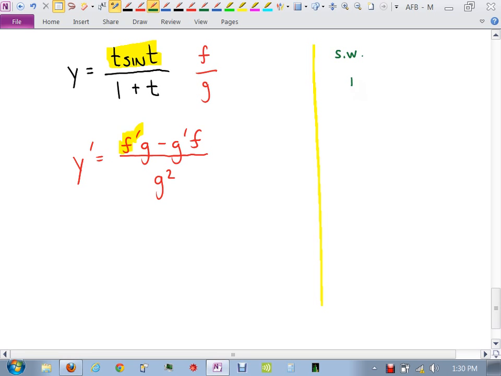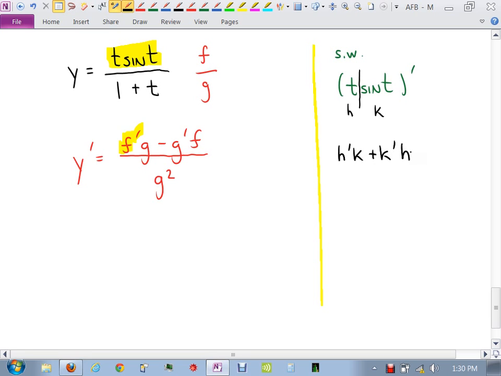I'm trying to figure out if I have t sine t, what the derivative of this is, right? So I have my multiplication right down here. And we could call it, if we want, h and k. So the derivative of this is h prime k plus k prime h.